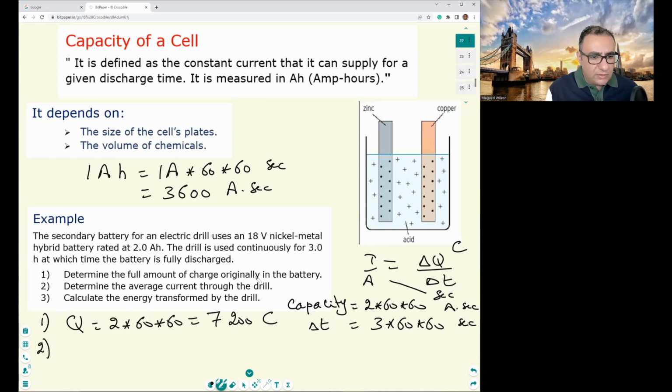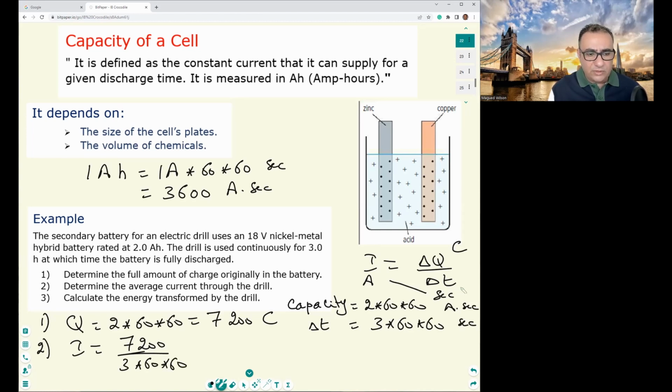Now, second request, determine the average current through the drill. If you know the quantity of charge and you know the time, you get the current, you just divide, right? So the current here is going to be 7,200 Coulomb by 3 times 60 times 60.